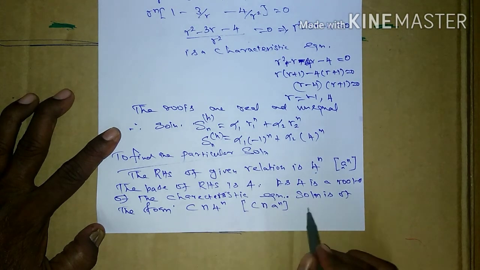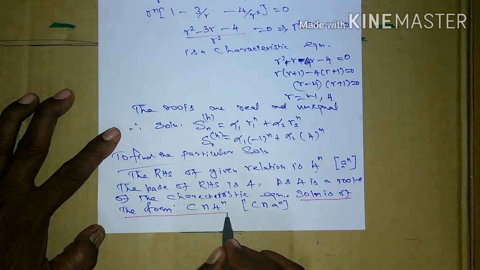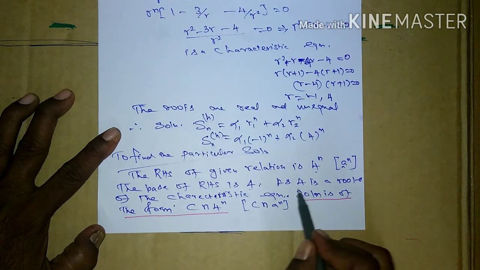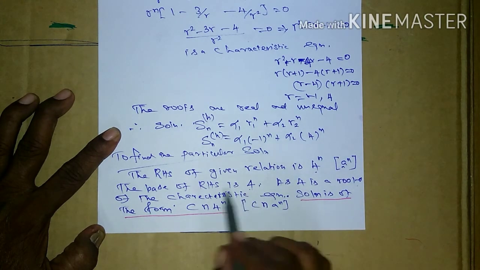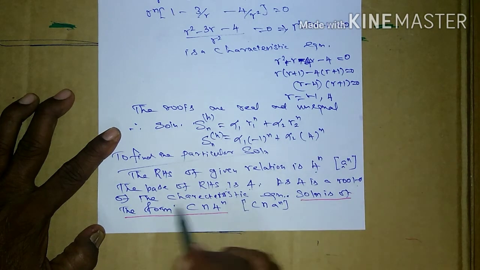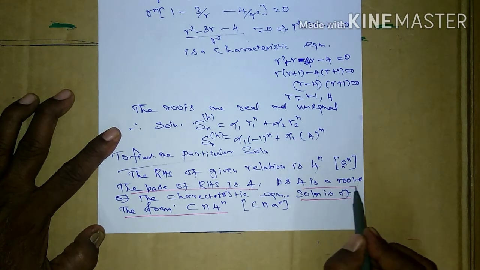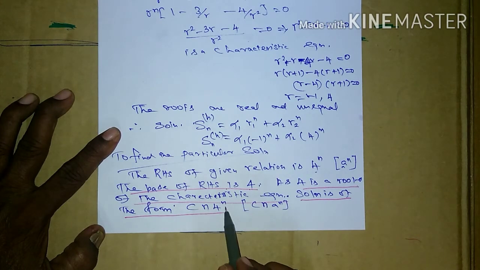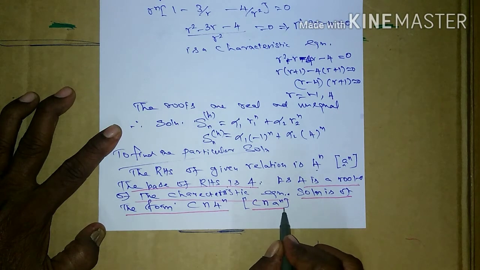The solution must be in the form of Cn into 4 power n. When the base of the RHS is a root of the characteristic equation, the solution is of the form Cn 4 power n, or in the form of Cn a power n. Here a is the base of the RHS.